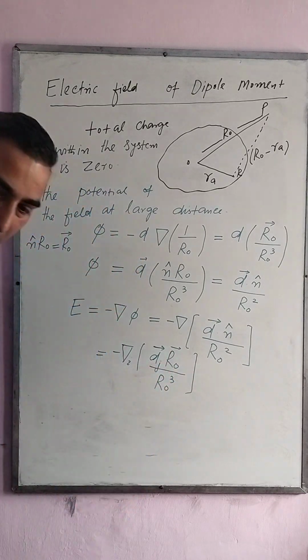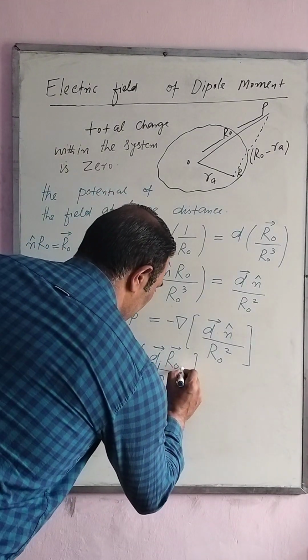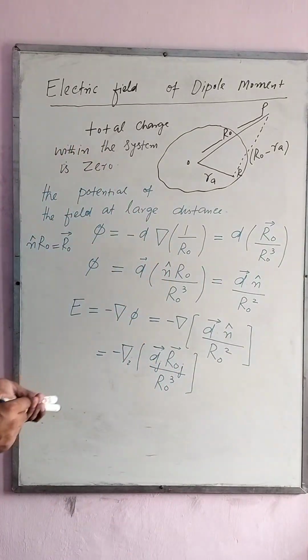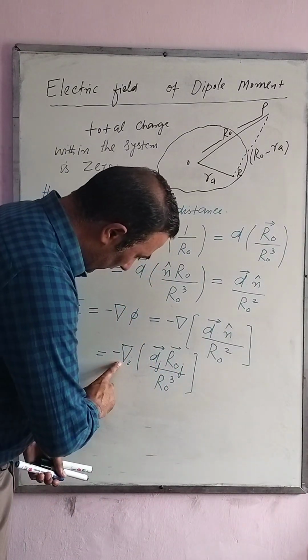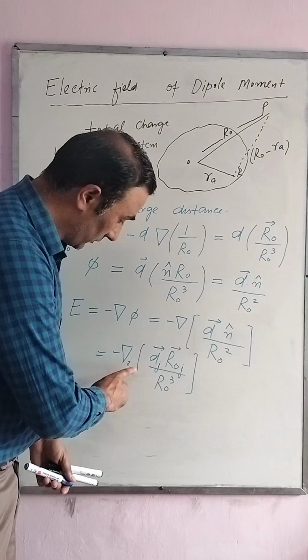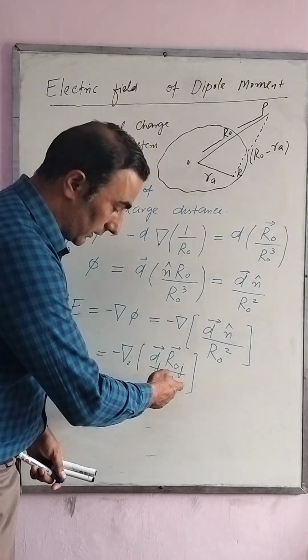In like this you can write j, and this will be r0 j. Because you need to differentiate it, so अगर हम इसको differentiate करेंगे, you need to differentiate with respect to i, here it is j.